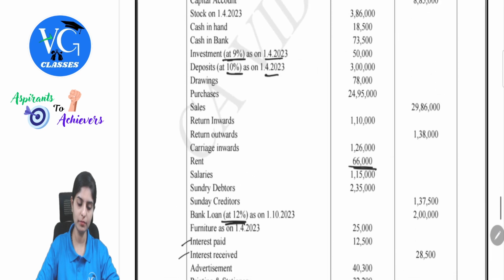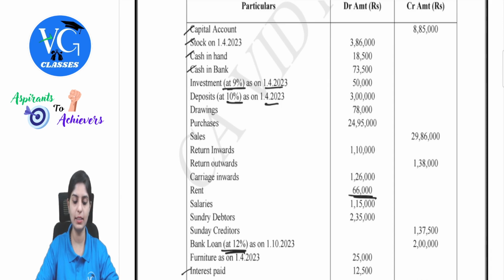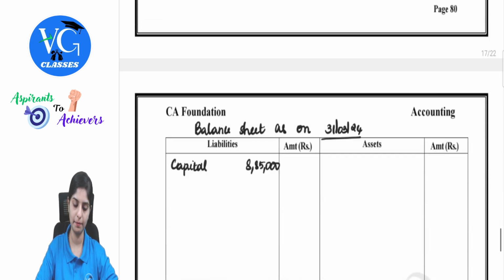Next, we are done with this, and this. Since I am scrolling up and down, I'm just ticking so that we will not miss any item. Investment at 9% as on 1st April 2023. See, investments, whenever you come across, is nothing but my non-current asset. So this will appear as my assets.